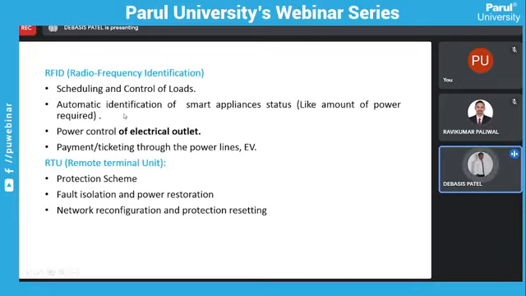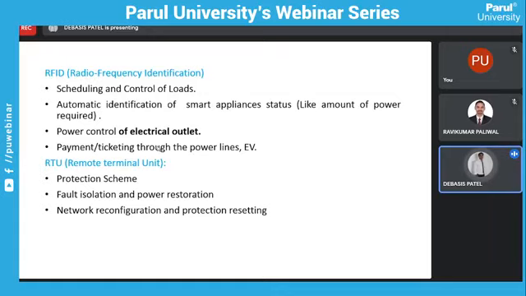Similarly, automatic identification of smart appliance status. You can monitor status through RFID, as we already discussed, right? Power control of electrical outlets. It is like an electrical vehicle or electrical outlet, where you are selling your electricity in IEX, the Indian Energy Exchange.